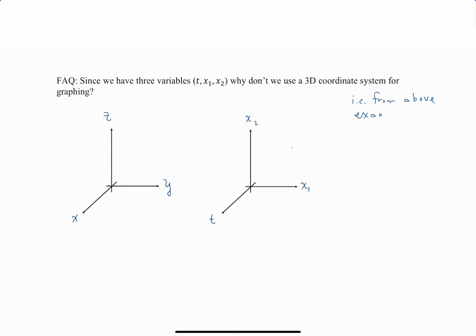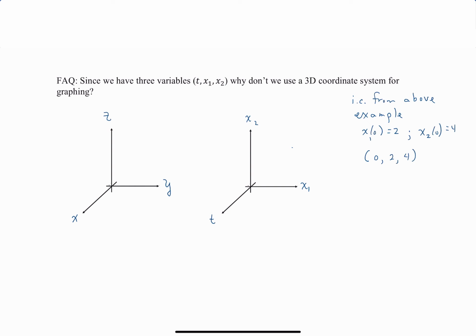So the initial condition from the example was x of 0 equals 2, x1 of 0 equals 2, and x2 of 0 was 4. In other words, we have the ordered triple 0 for t, 2 for x1, 4 for x2.